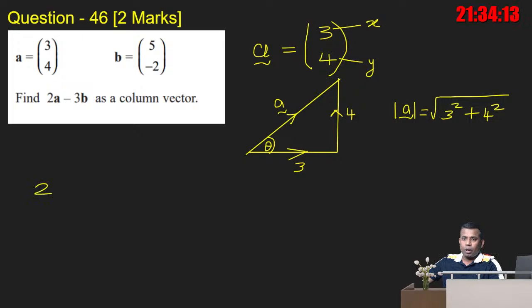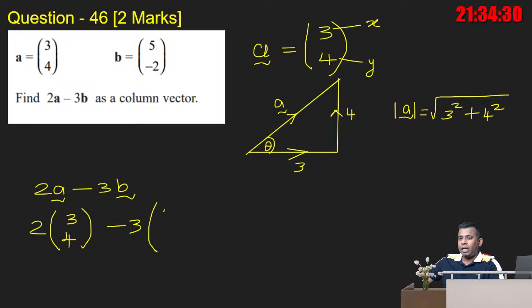This question is all about 2A minus 3B. So 2 times the vector A, the column vector 3 and 4, minus 3 times vector B, which is 5 and minus 2, right? Now it's a scalar multiple, a scalar number multiplying a vector. You can straight away multiply: 2 times 3 is 6, and 2 times 4 is 8, so 6 and 8.